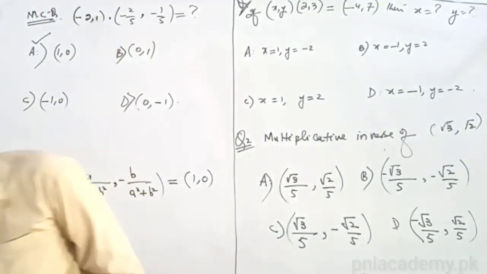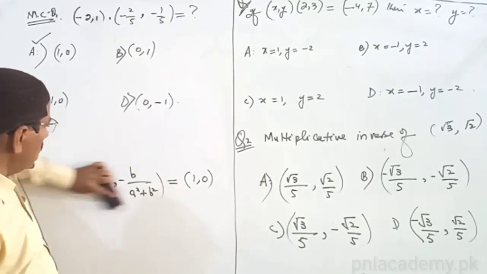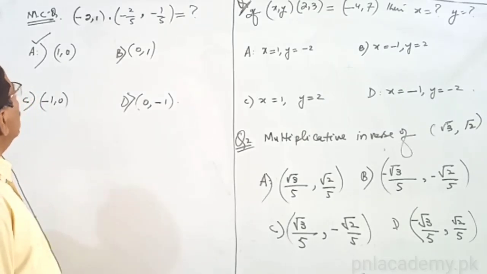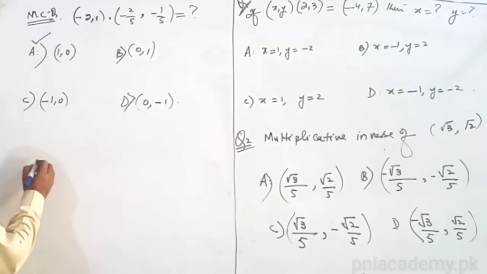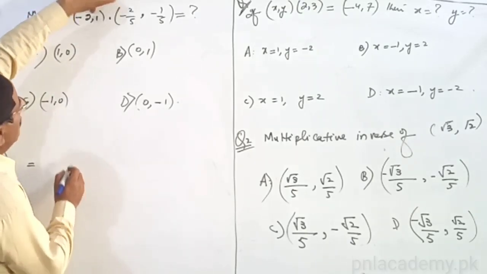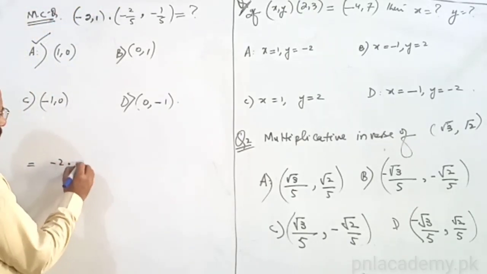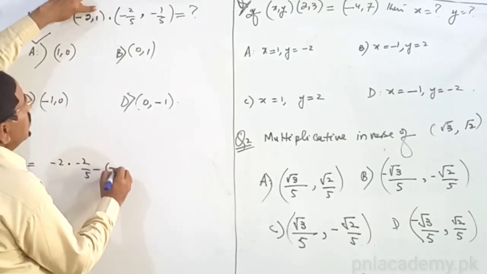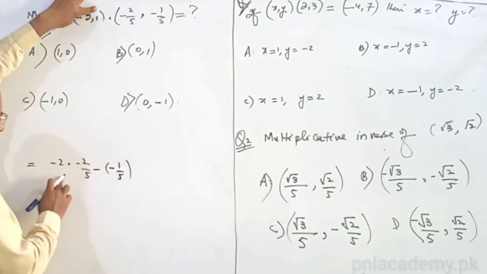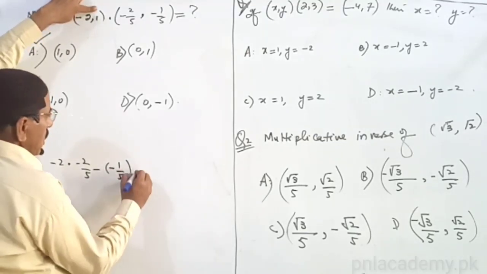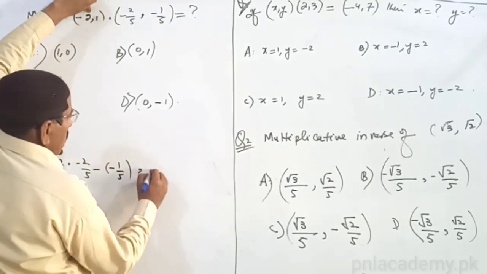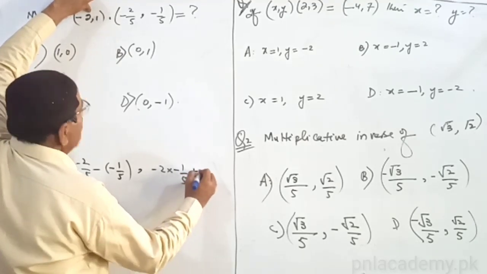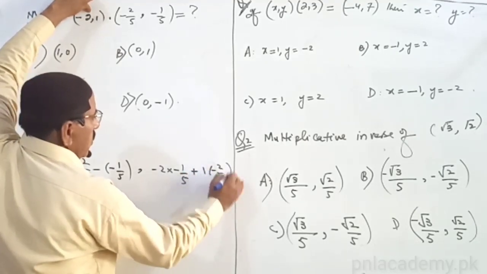So if we perform the operation of multiplication, you know that AC means minus 2 into minus 2 upon 5, AC minus BD, 1 into minus 1 upon 5. AC minus BD comma AD, minus 2 into minus 1 upon 5, plus BC, plus 1 into minus 2 upon 5.